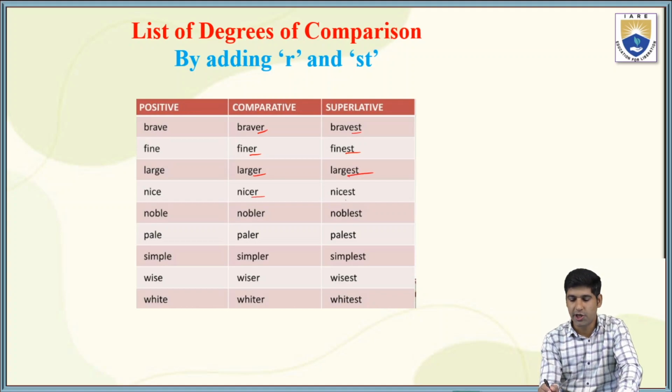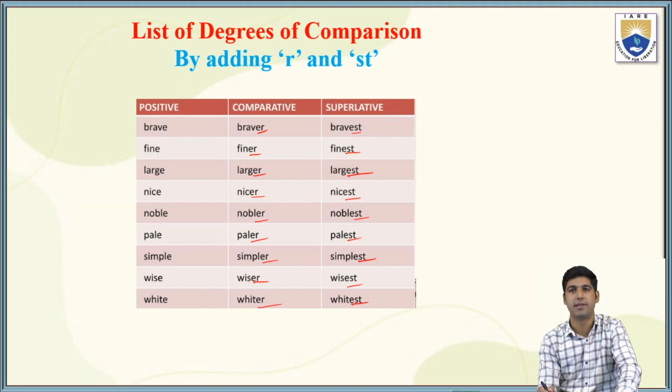Nice, only R is required, nicer, nicest. Noble, noblest. Pale, palest. Simple, R is required, and simplest. Wise, wiser, wisest. White, only R is required, whiter, and whitest. So this is another way.